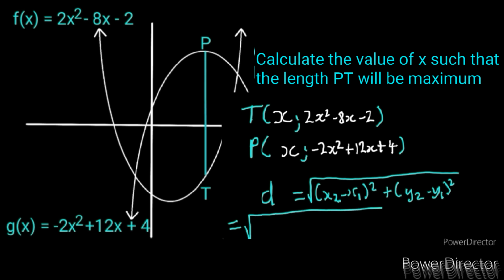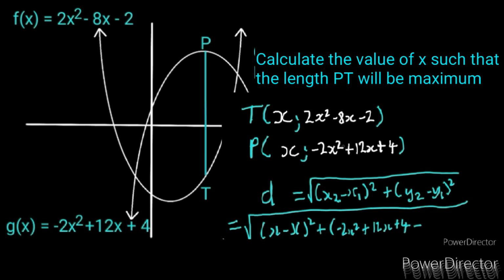So now we've got the square root. Here we're going to have x minus x, because this is x2 and this is x1. So we have x minus x since they're exactly the same. Then let's substitute this particular portion: this minus this. So we've got brackets, negative 2x squared plus 12x plus 4.